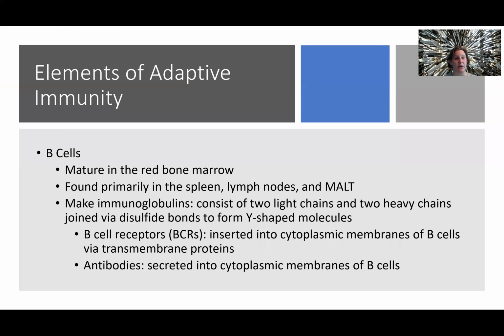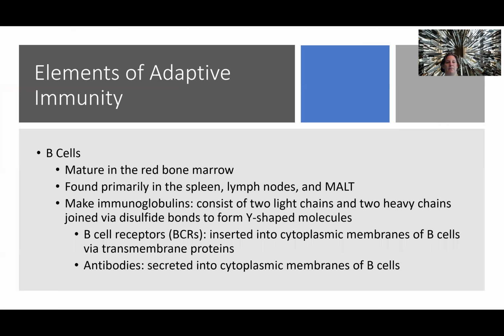Okay, so B cells, as we already talked about, they mature in the red bone marrow. They're mainly found in the spleen, lymph nodes, and the MALT system, and they make immunoglobulins. An immunoglobulin is this Y-shaped molecule that has two light chains and two heavy chains. I have a picture of one in a minute that we'll look at.